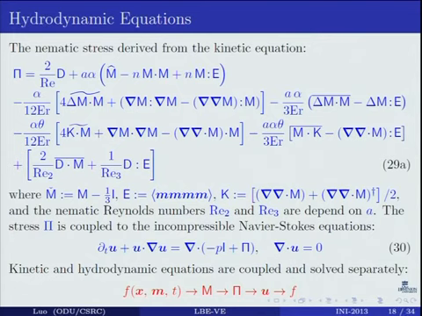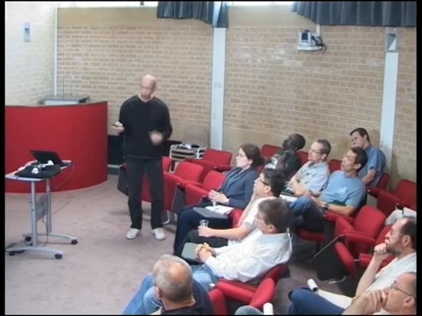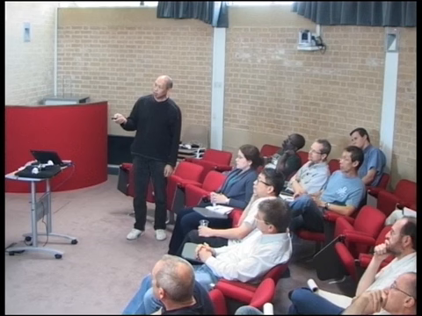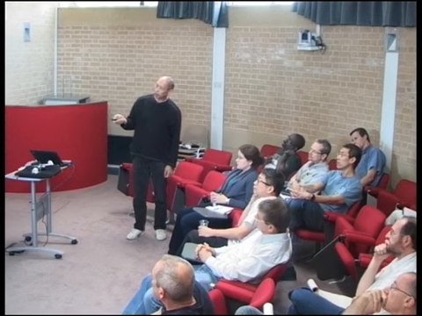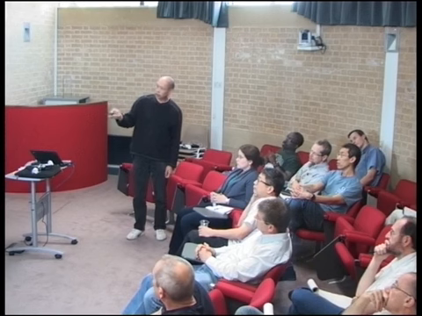So, what I do is that numerically, you have the kinetic equation, you solve it in space of M, okay, and X, of course. Then you compute the moments of this, and then you construct this stress.